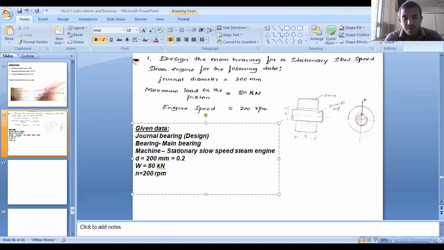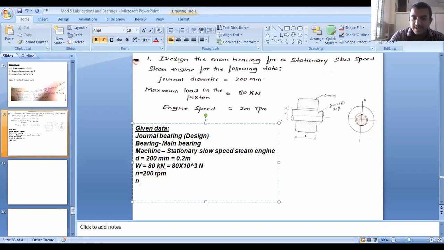Now we get 0.2 meter. Load in kilonewton is converted into Newton: 80 into 10 raised to power of 3 Newton. Then revolutions per minute is given, so convert speed to revolutions per second, that is N prime. N prime is equal to N by 60, that is 200 by 60. How much do you get?